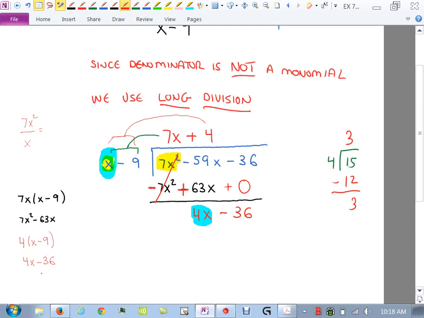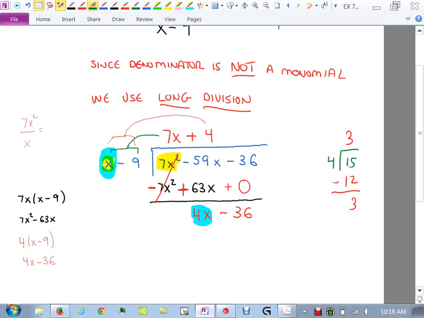And where does that go? Right here, underneath this, right? We good? This is 4 times the x minus 9, which is 4x minus 36, right?